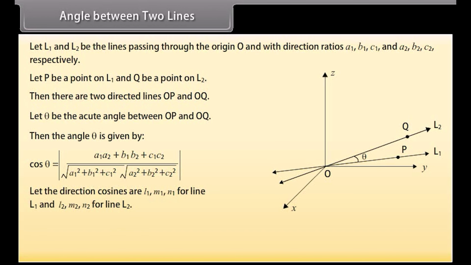Let the direction cosines be l1, m1, n1 for line L1 and l2, m2, n2 for line L2. Then the angle theta is given by cos theta equals modulus of (l1 l2 plus m1 m2 plus n1 n2).